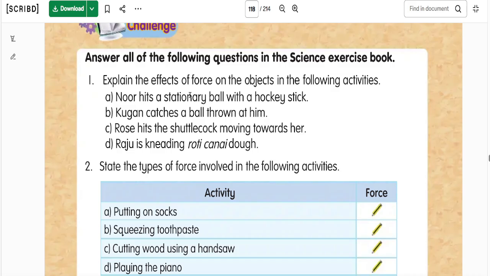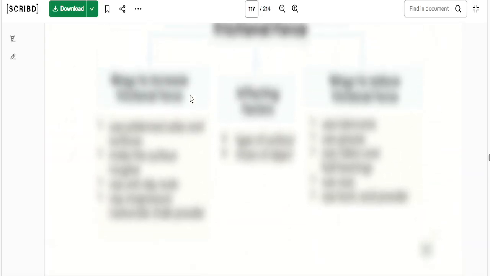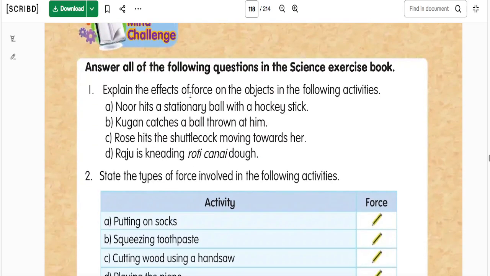What were the effects of force that we learned? It can move objects that are at rest. It can change direction. It can stop a moving object. All these effects of force we learned, right? So what effect is it showing?